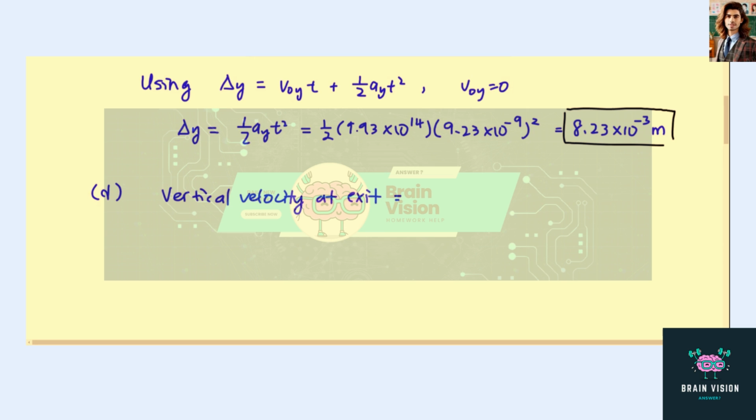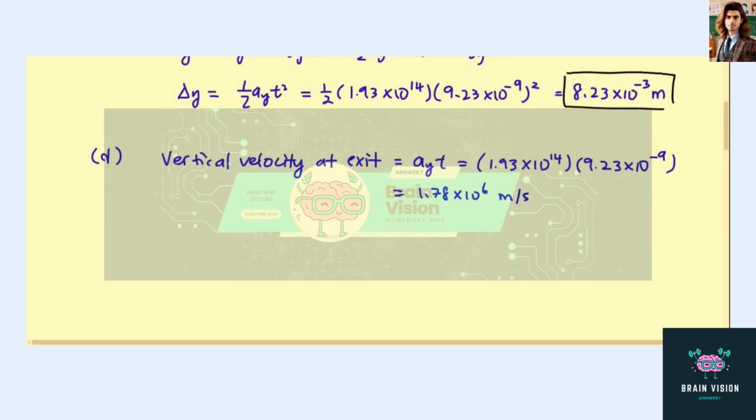This is equal to a y times t, 1.93 times 10 to the 14 times 9.23 times 10 to the negative 9. You calculate this, you get 1.78 times 10 to the 6 meters per second.